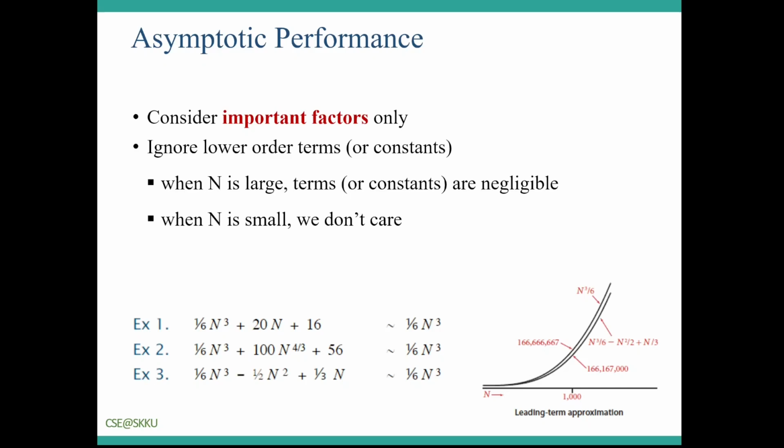Okay, I want to explain why this asymptotic analysis is very important by comparing big O n squared against big O n cubed. When n becomes large, an algorithm with running time big O n squared will always outperform one with big O n cubed.